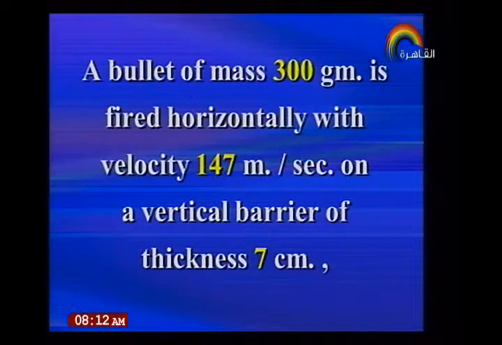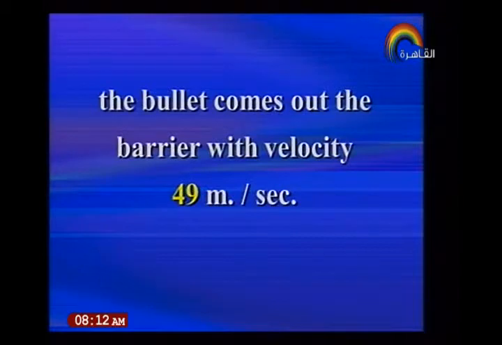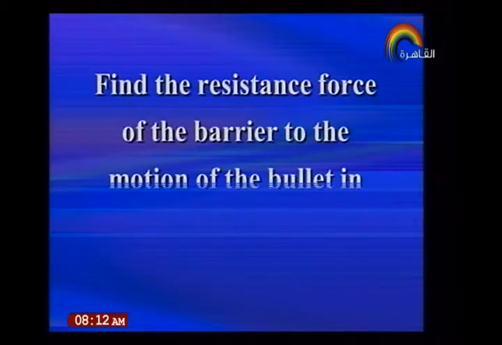A bullet of mass 300 gram is fired horizontally with velocity 147 meter per second on a vertical barrier. This barrier is of thickness 7 centimeter. The bullet comes out of the barrier with velocity 49 meter per second.